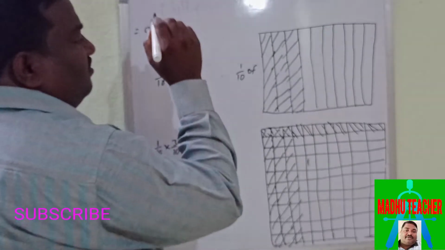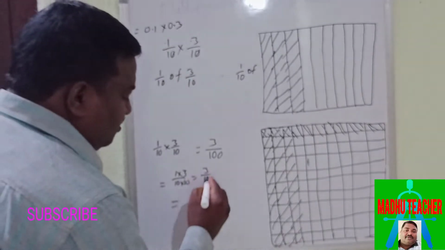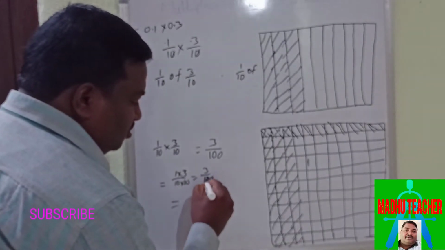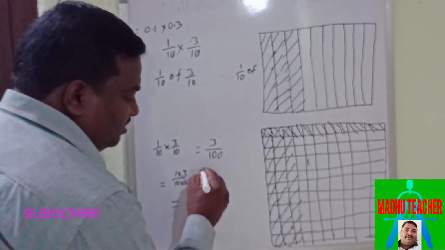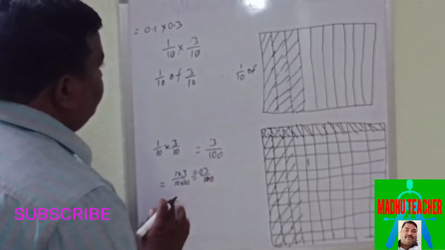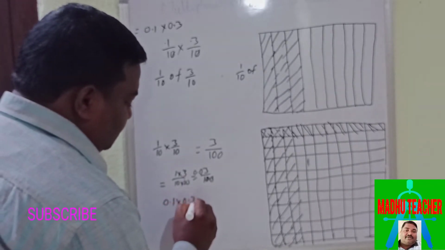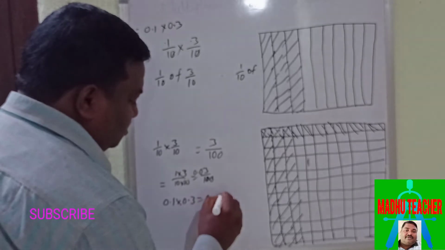For 3 by 10, that is 0.3. Finally, for 3 by 100, 2 zeros cancel, put point before 2 digits, that is 0.03. That means 0.1 into 0.3 equal to 0.03.